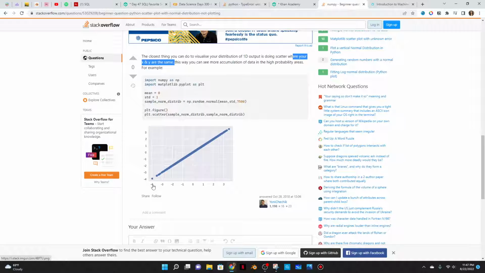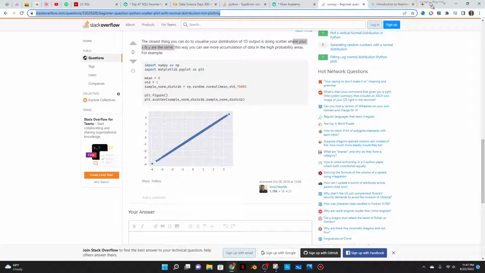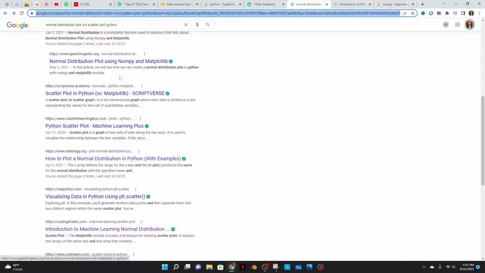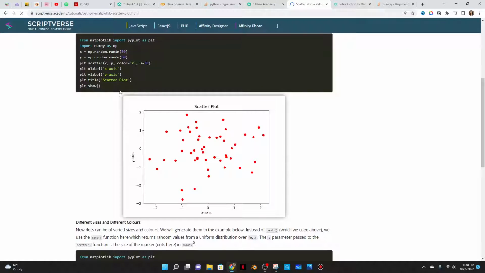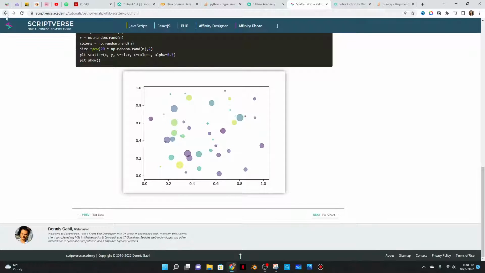Okay, but what are the axes? That's what I want to understand. Scatter plot in Python. No.